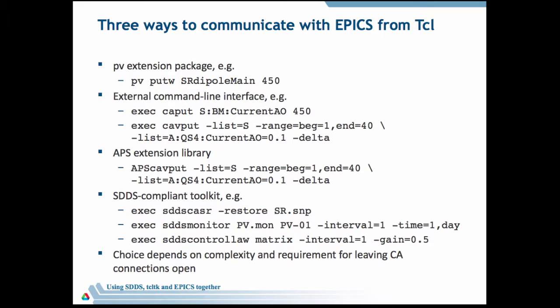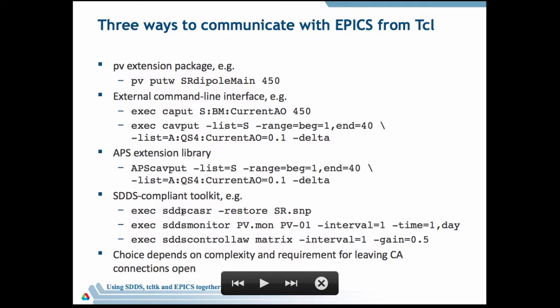All it needs to do is make a short communication with the PVs, and then once the TCL application closes, the channels close automatically. So we use APS CA put, CAV put when we have a lot of network activity.